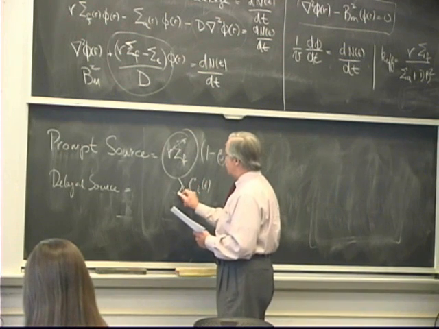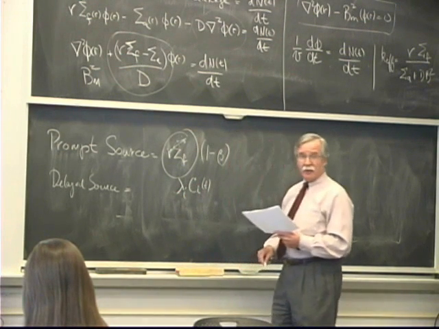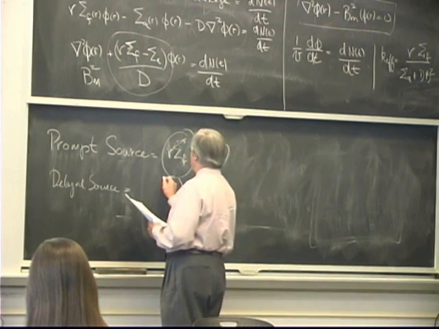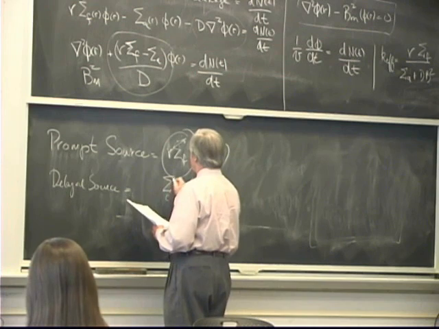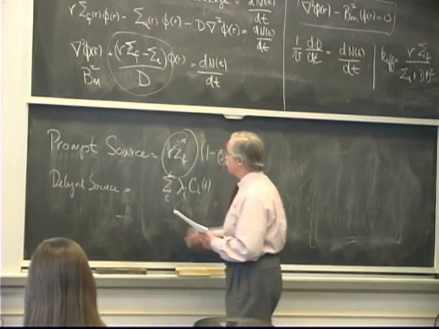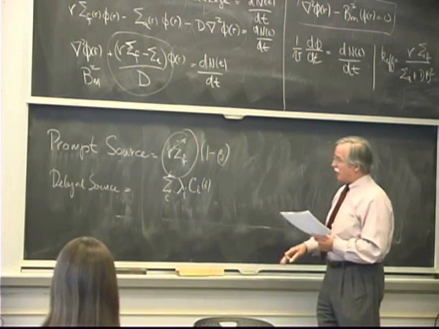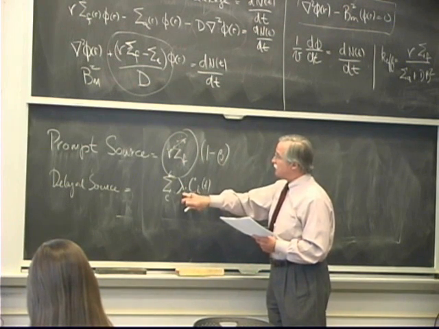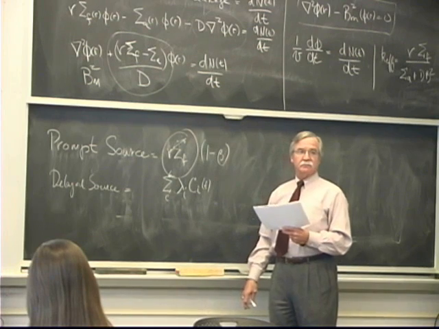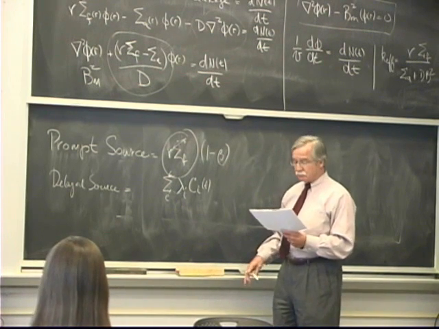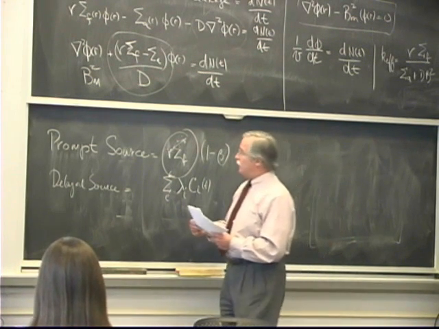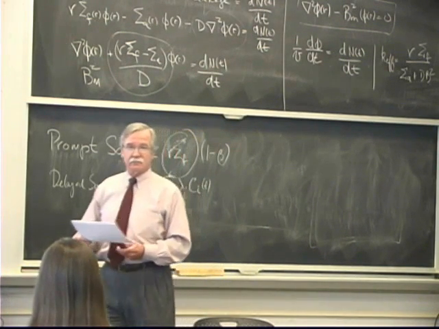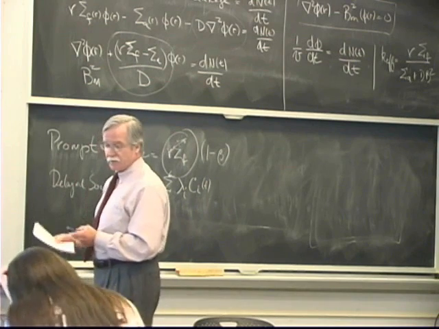Each one of them has a half-life, lambda sub i. And we need to sum them over all of the i's from 1 to 6. That will tell us when this precursor decays with this half-life, I get 1 extra neutron. And the cool thing about this is they don't come out all at once, which gives us more time.